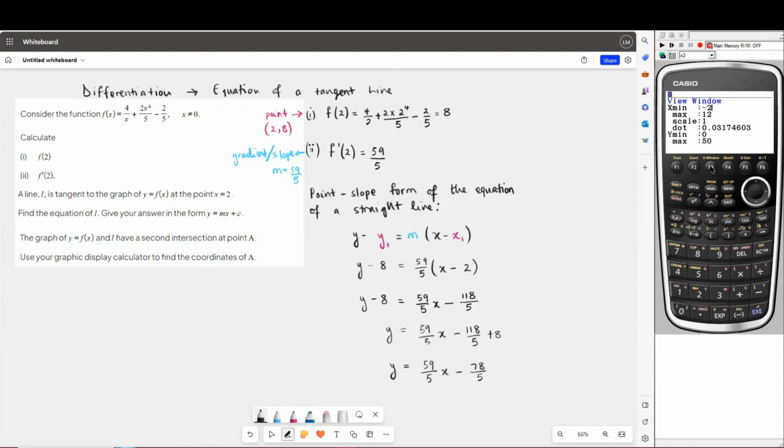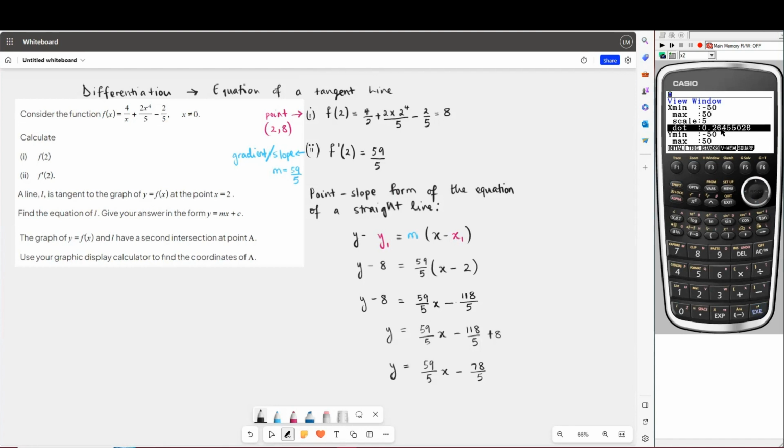Let's include some negative numbers. Go to 20 with a scale of 2, and on the y-axis we also need to include some negative numbers. Okay, there we go. On the y-axis, I'm going to start at negative 50, stop at 50 and count in 5s.